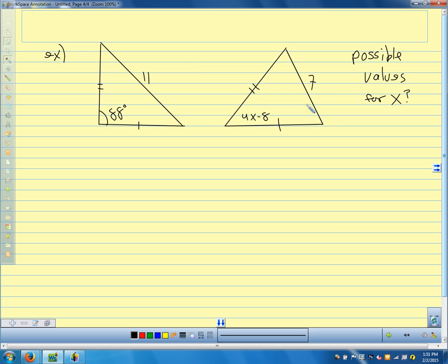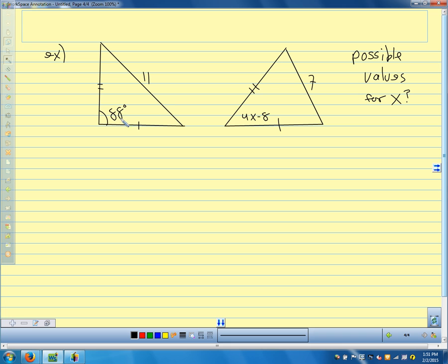So based on that information, which angle has to be the biggest? Which is going to be bigger, 88 or 4x minus 8? Which one is it? 88, right? Because this side is bigger, so this angle has to be bigger.